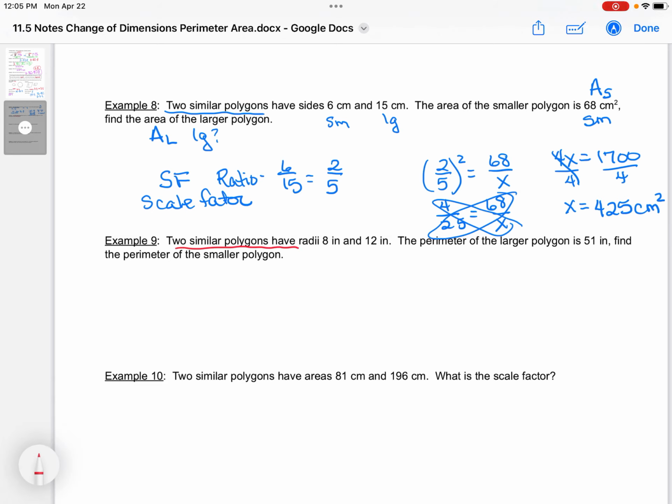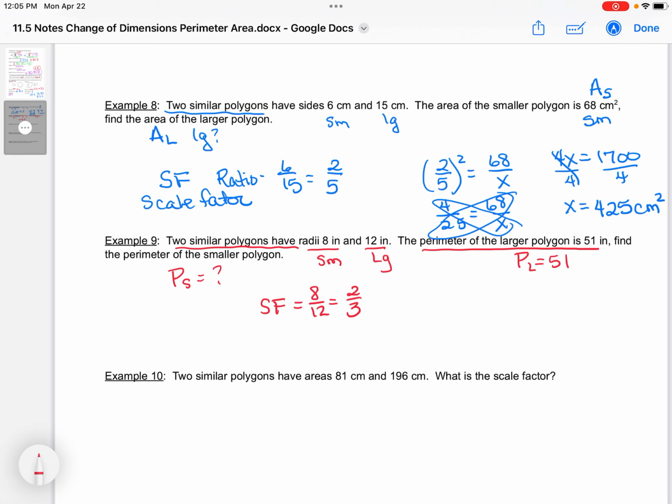Similar polygons. So here's the radius of the small one, the radius of the large one. The perimeter of the large one is 51, and we're looking for the perimeter of the small one. So scale factor, 8 over 12, which is equal to 2/3.